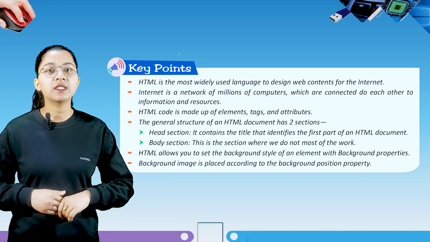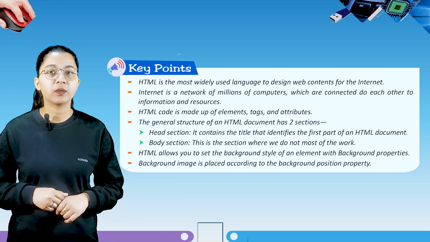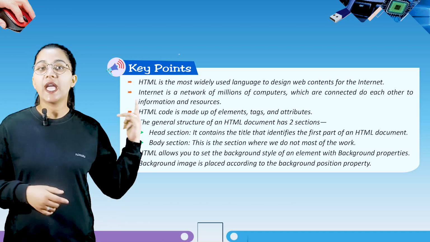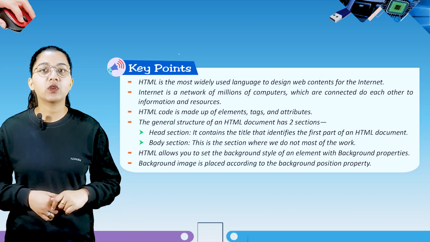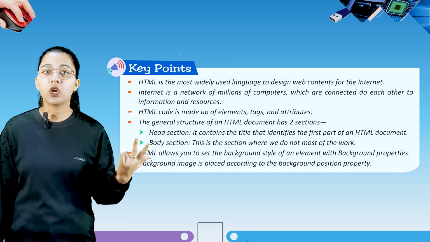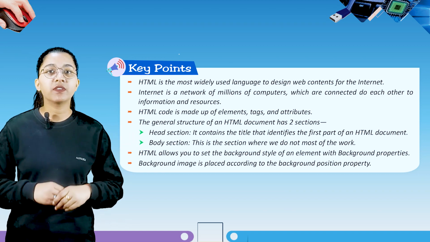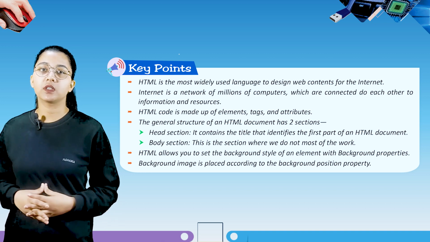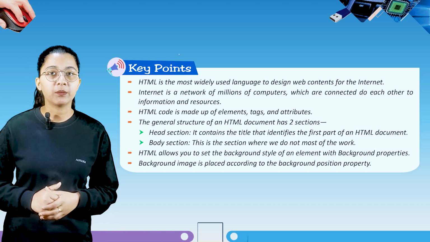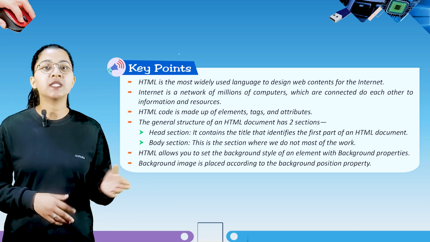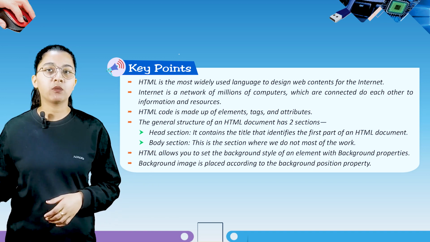Then next, the general structure of an HTML document has two sections. That is, head section, it contains the title that identifies the first part of an HTML document, and body section, this is the section where we do most of the work. Then next, HTML allows you to set the background style of an element with background property. Background image is placed according to the background position property.